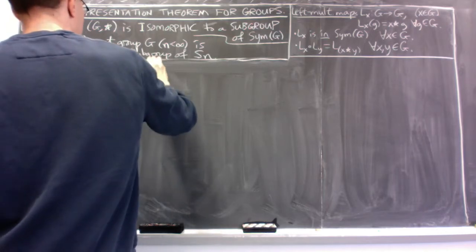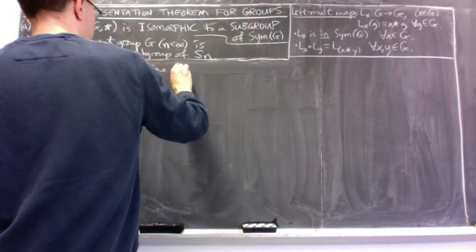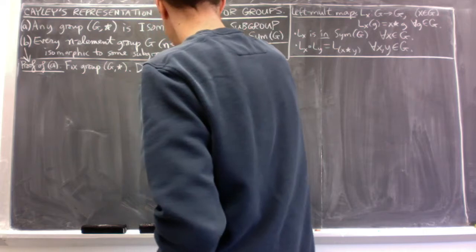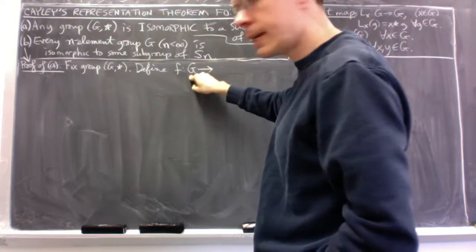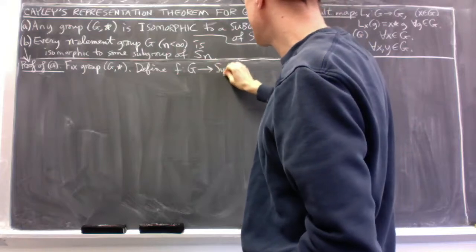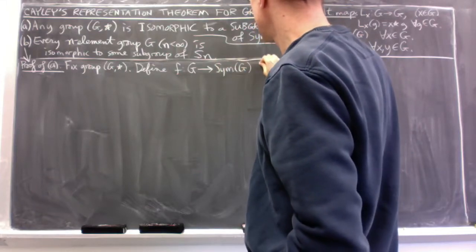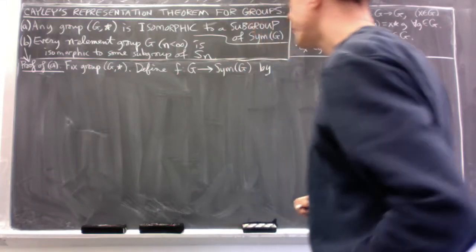And I'll define a function, let's call it little f. If it's going to be isomorphic to a subgroup, maybe we should start with a function that goes from G to Sym(G). And what's this function going to do?